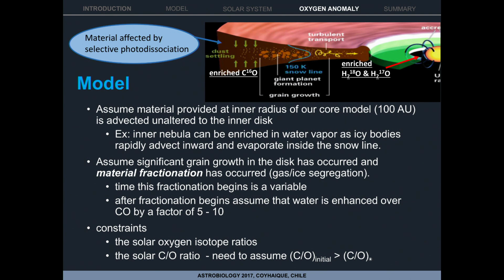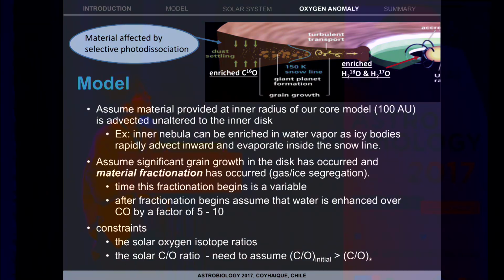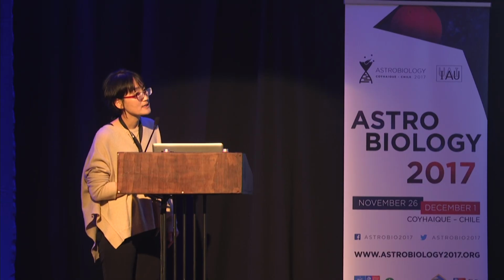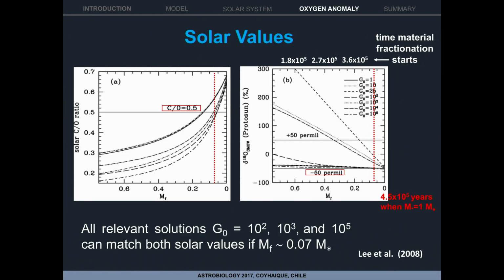So this material fractionation also affects the solar oxygen isotopic ratios and solar C2O ratios, so we can constrain the time when this material fractionation starts. These two plots show the variation of the solar C2O ratio and solar delta 18O values with the time when the material fractionation started.